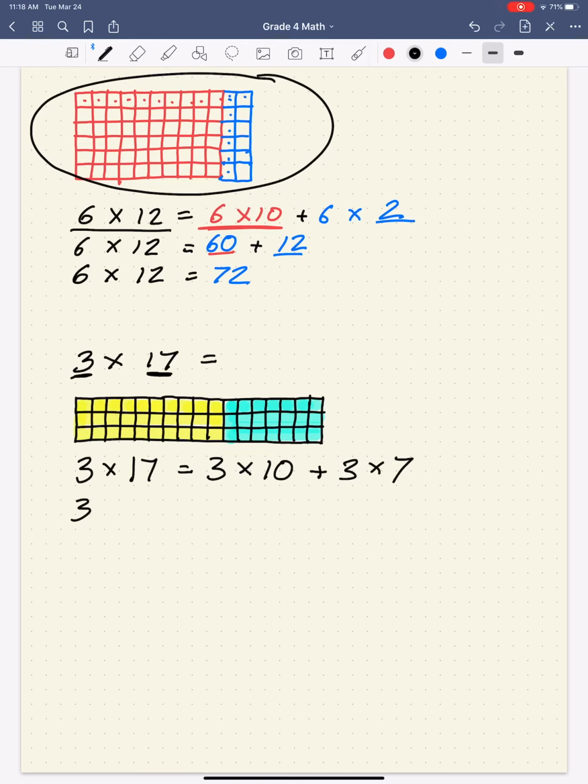So now I'm going to write that down again, but I'm going to do the products. 3 times 10 is 30, plus 3 times 7 is 21. And finally, I'm going to add those 2 products together. 30 plus 21 is 51. So that means the answer to 3 times 17 is 51.